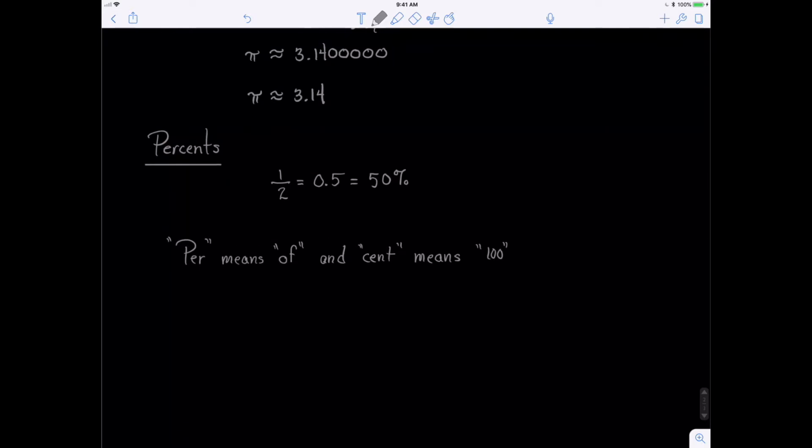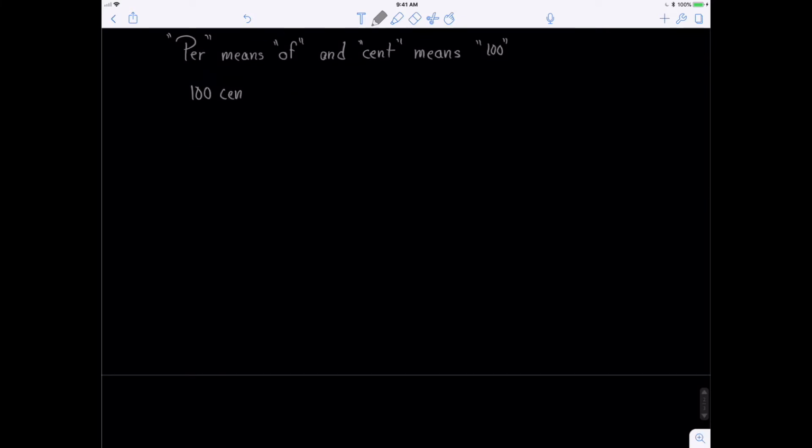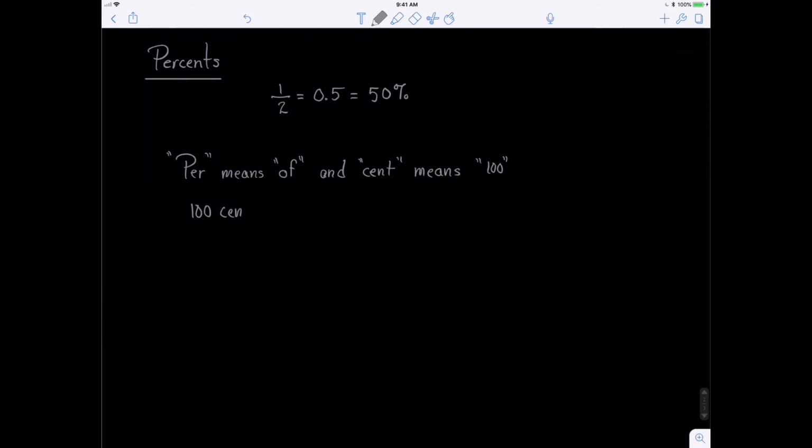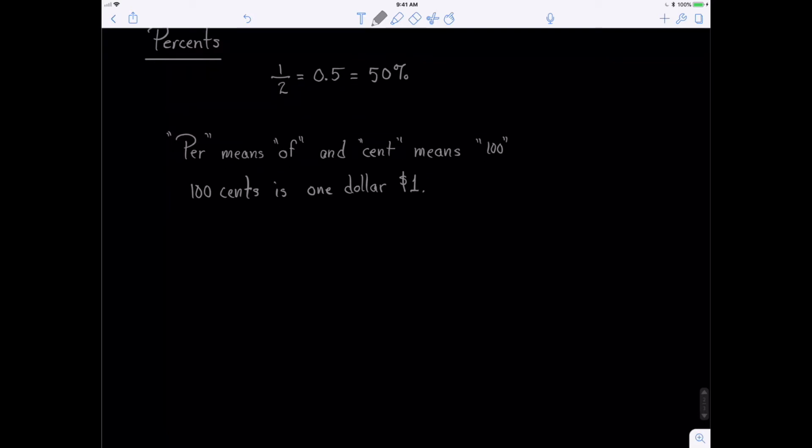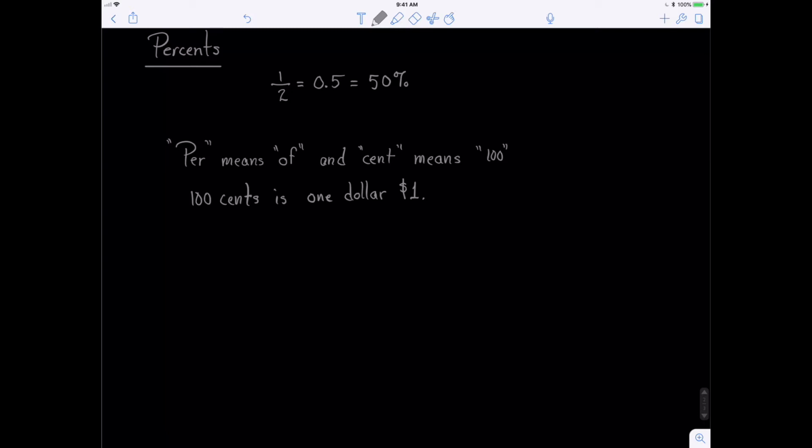For example, 100 cents is $1, which is the base unit of currency here in the United States. And the same thing applies: 100% is equal to, very simply, just the number 1.